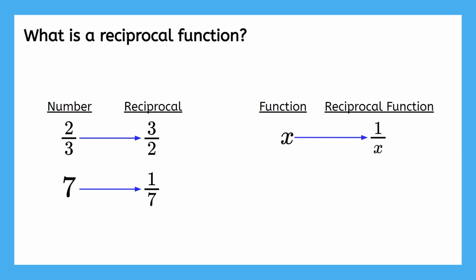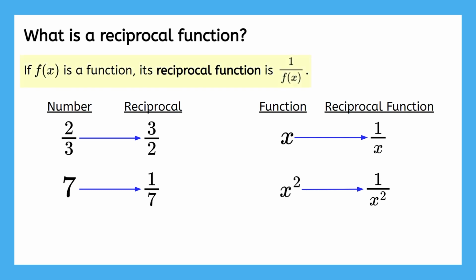The reciprocal function of x would be 1/x, just like how 7 became 1/7. And the reciprocal function of x squared would be 1/x squared. So if f of x is a function, the reciprocal function is the reciprocal, 1/f of x.